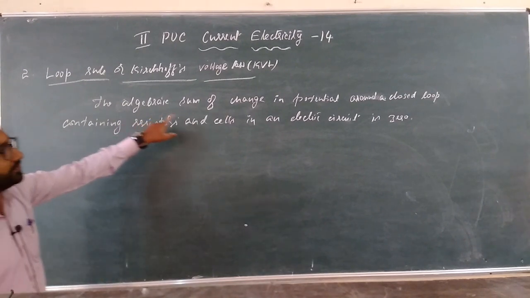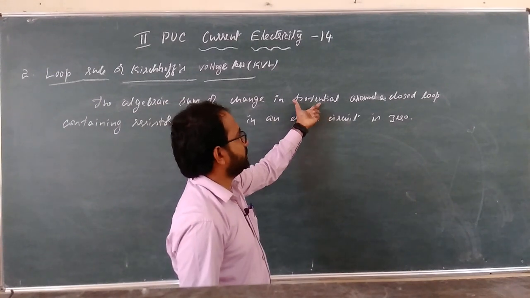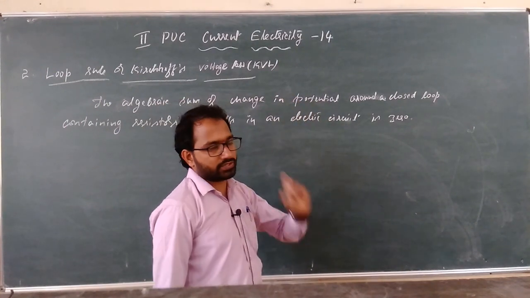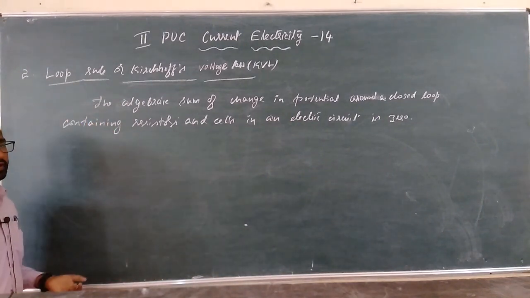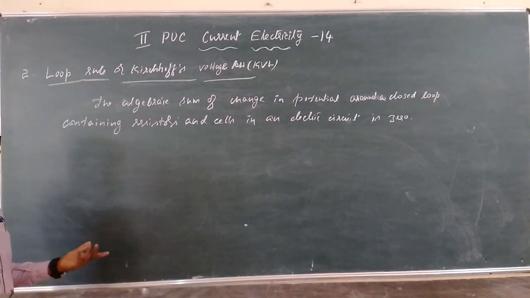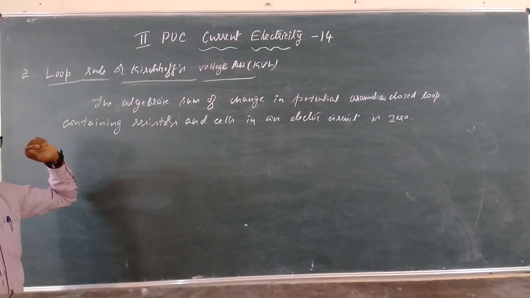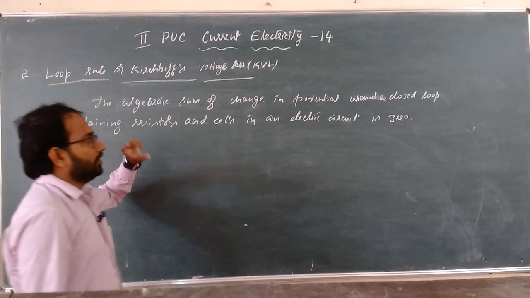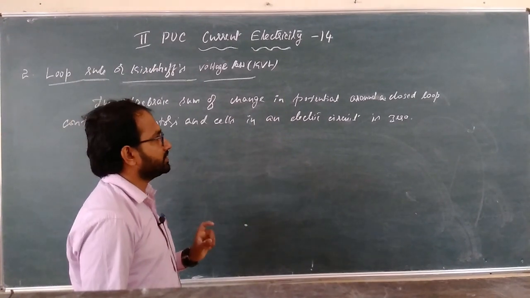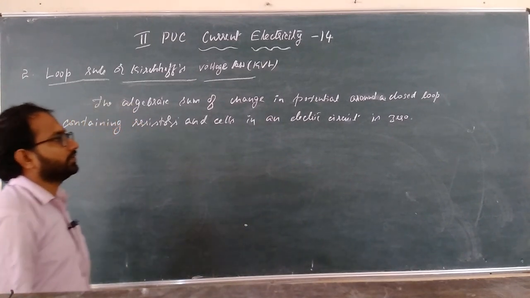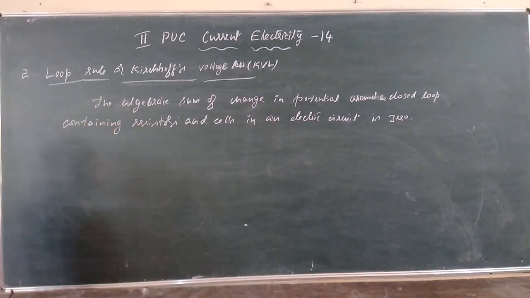The algebraic sum of change in potential is due to the EMFs and the voltage drop across the resistors. So the algebraic sum of the EMFs of the cells and the potential drop across the resistors around a closed loop in an electrical circuit is 0. Okay, so that is Kirchhoff's voltage law or Kirchhoff's loop rule.